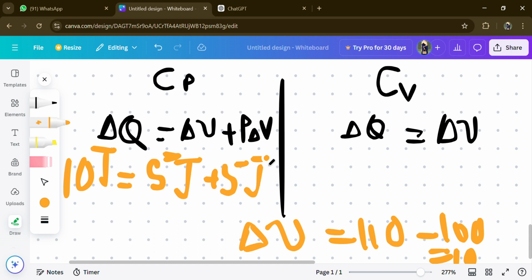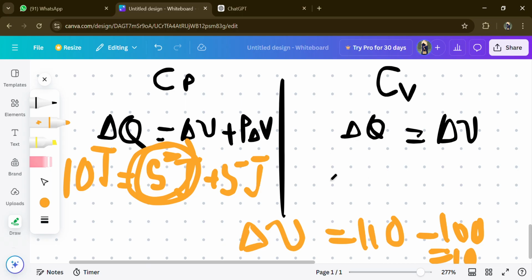Whenever we talk about the laws, we know that some of the heat is used by the system to do the work. So if we look at the final result here, we aren't achieving the exact value. We have 5 joules, but we actually have to gain 10 joules.